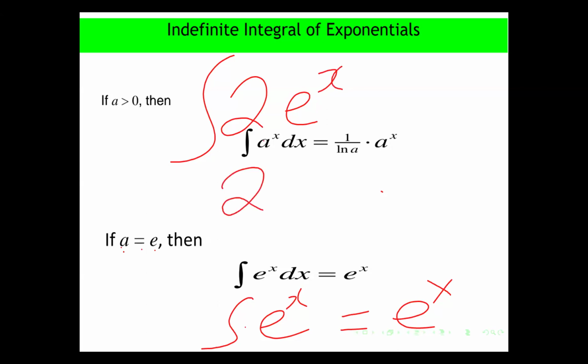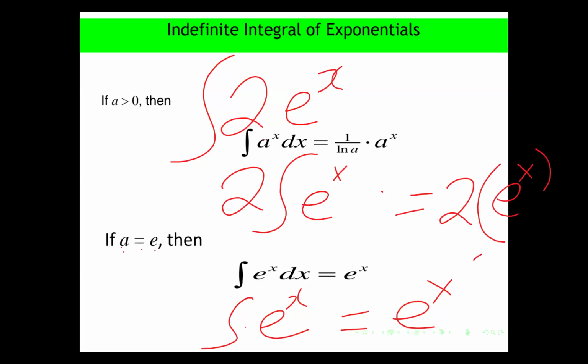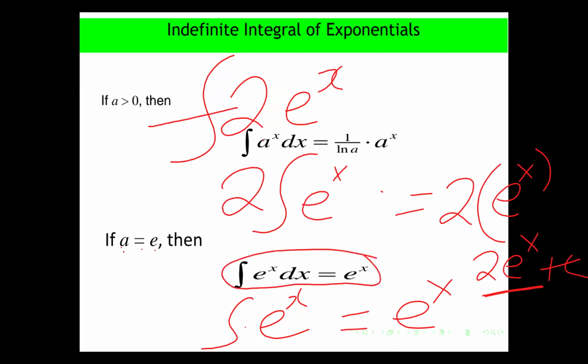Just rewrite this as 2 multiplied by e to the power x, which will be 2e to the power x as the answer, plus c the constant, right? I said you can factor out this constant always. This rule is very important.